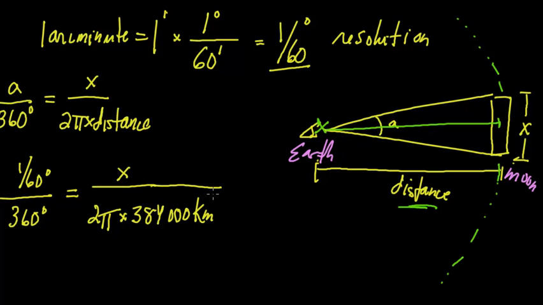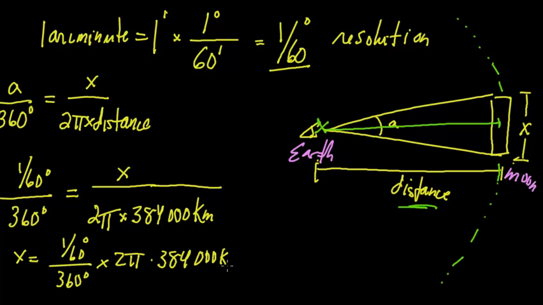All right, and then all we have to do is say x is equal to 1/60th of a degree over 360 degrees times 2 pi times 384,000 kilometers. Notice the units: degrees cancel with degrees, and we're going to end up with kilometers. That's what the units are going to come out to be, and it's always a good check.